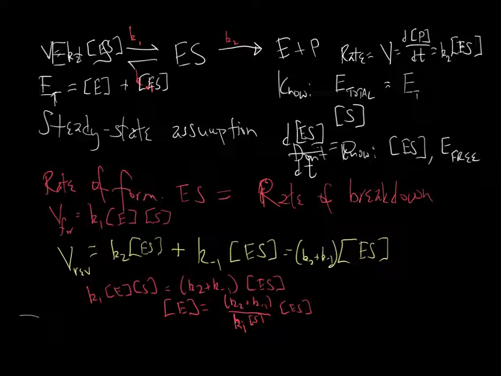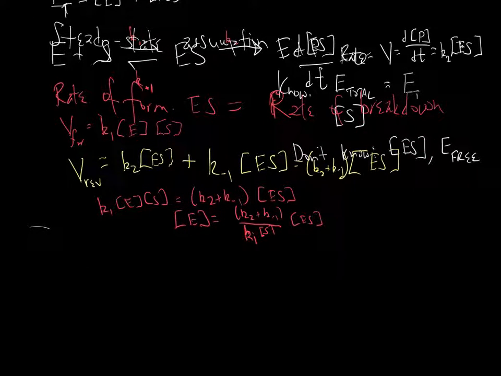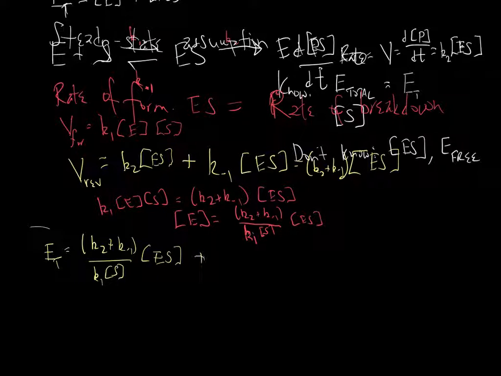So I'm going to move this all up a little further. And now what we can say is that, remember, E total was equal to free E, which we just solved for, K2 plus K minus 1 over K1S times ES, plus ES.